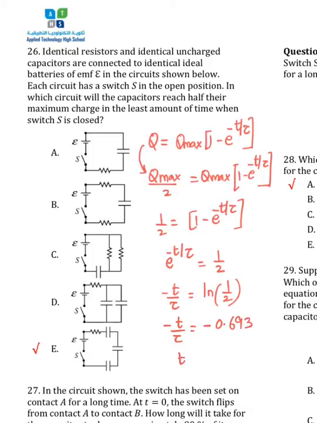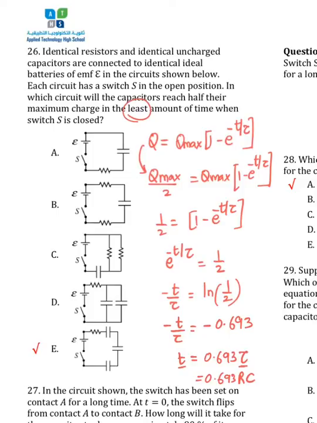So t is equal to 0.693 tau. Okay, great. I think we know this from before; I just derived it again. Now, time depends upon the time constant, and we can write it as 0.693 RC. So the time is going to depend on the value of R and C, and we have to keep it minimum because it's asking for least.